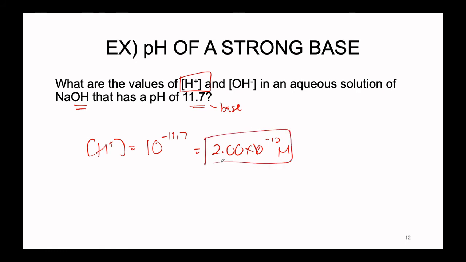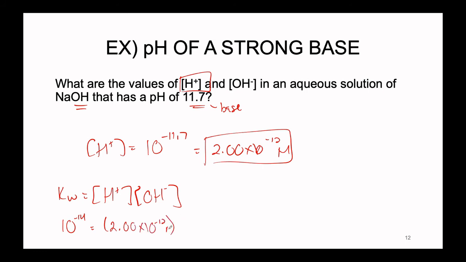And there are two different ways now we can solve for the OH- concentration. The most straightforward way would be using our equilibrium expression, which gives us the balance of H+ and OH- in solution. Our Kw is 10 to the negative 14. The H+ concentration we just solved for was 2.00 times 10 to the negative 12.